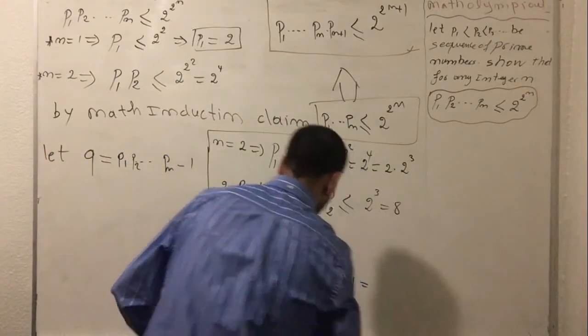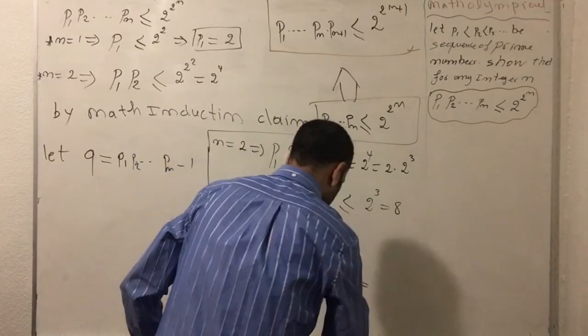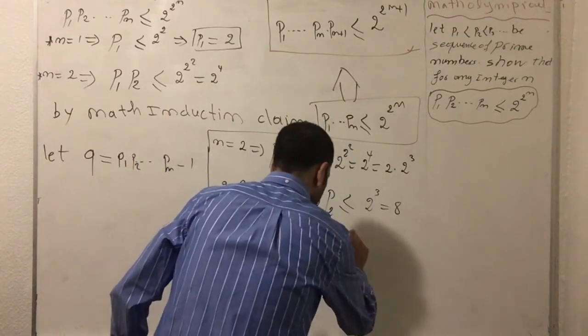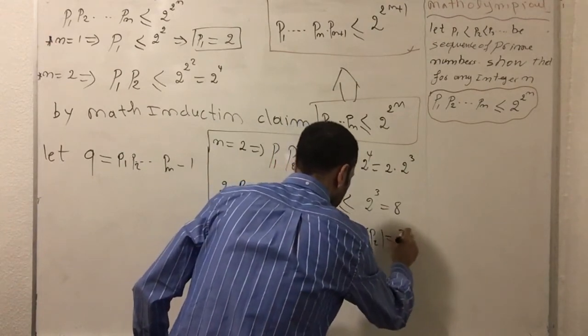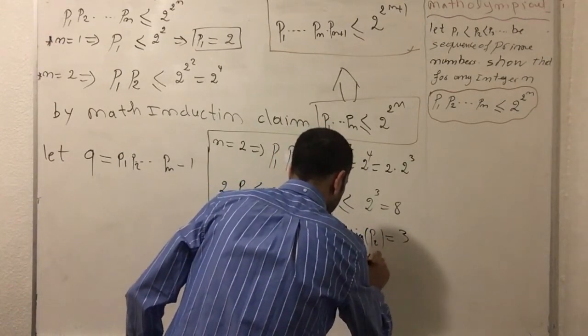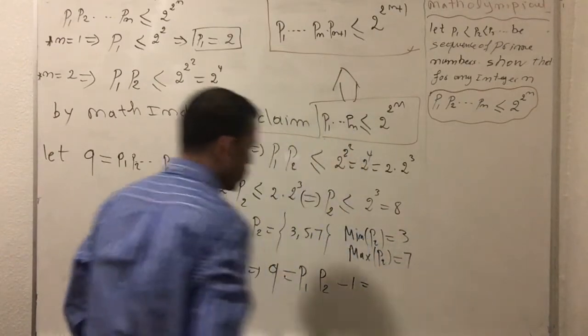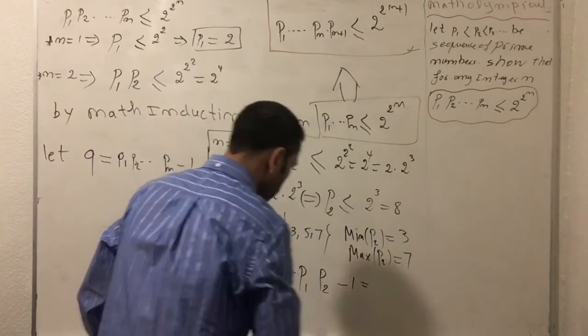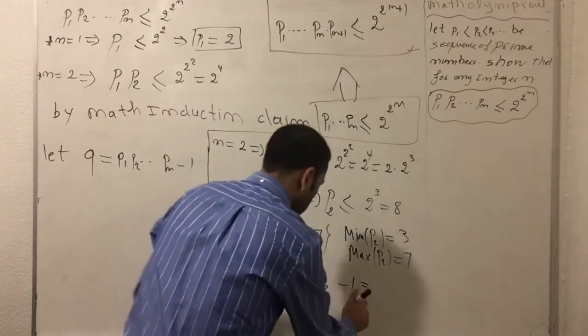Taking the minimum of P2 equal to 3 and the maximum equal to 7, this is always superior or equal to the minimum.